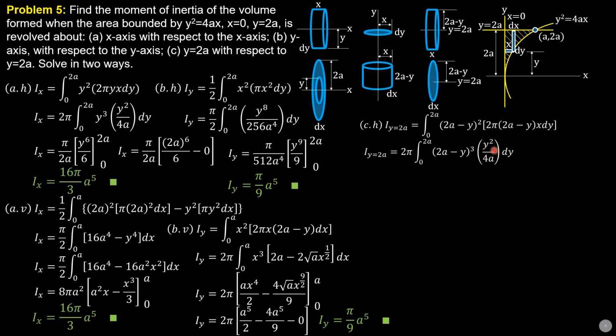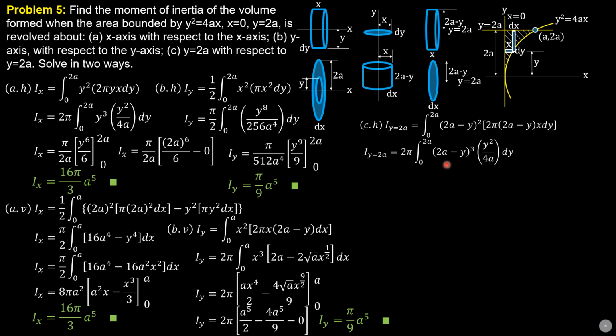Then the first integral after we distribute it is 2a minus y cubed times y squared over 4a. So that's pi over 2a integral. So if we expand this, the first term is 2a cubed, or 8a cubed, times y squared.